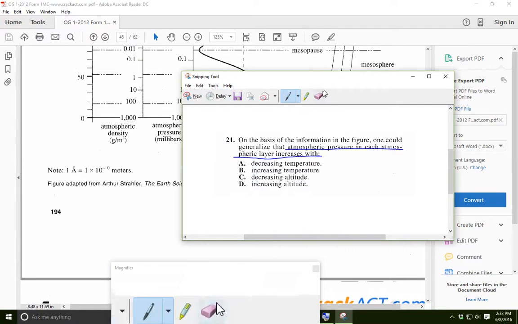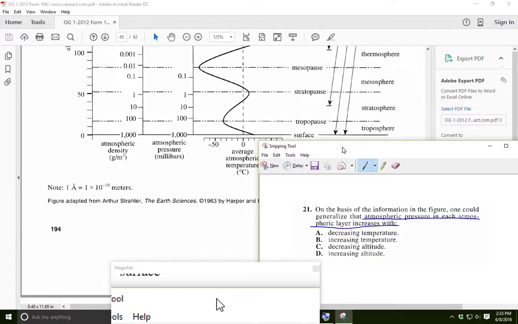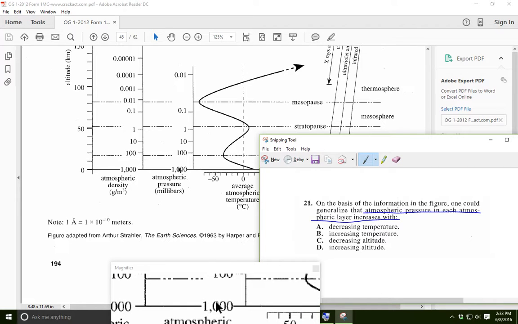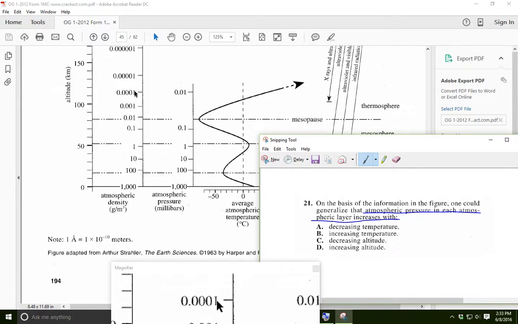Okay, so atmospheric pressure is over here, in millibars right here.